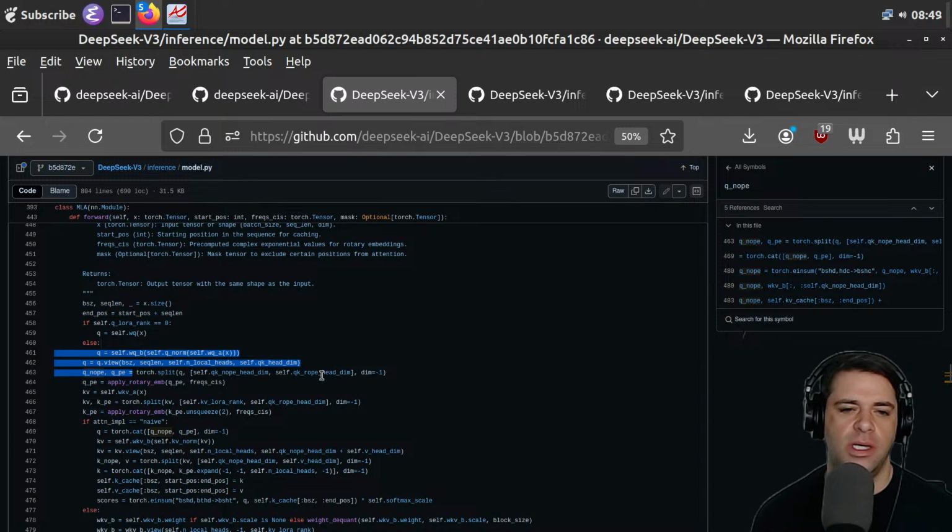Oh, I guess there's the rope stuff and the nope stuff. This may be the shared rope K stuff that we saw in the paper.